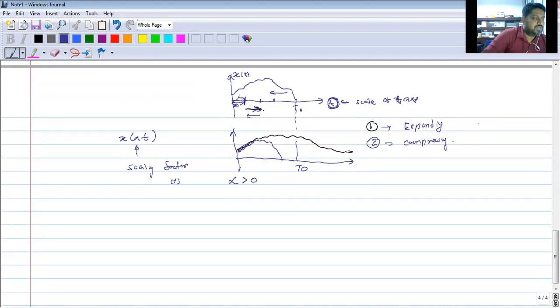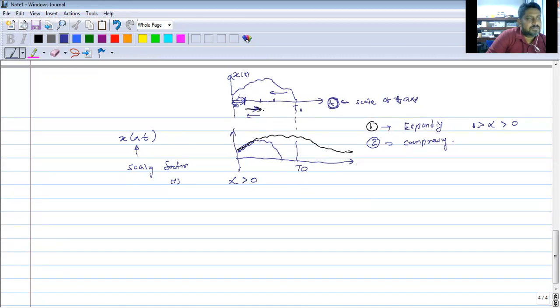So you know that alpha is greater than 0, and if it is less than 1, that means it is a fractional number, no? It is less than 1.